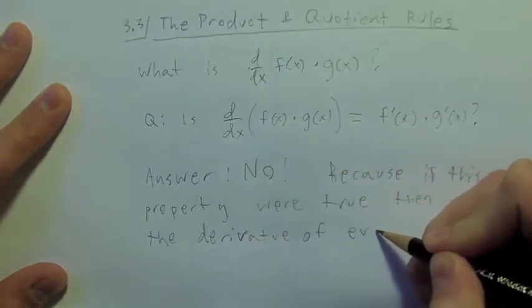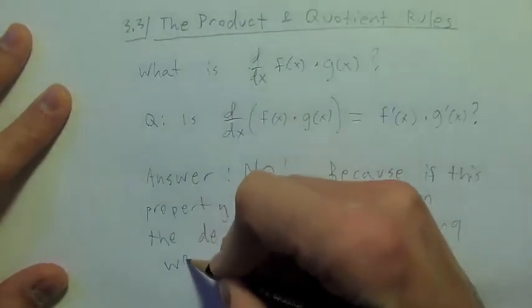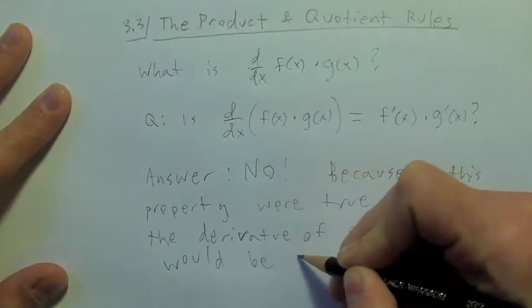Okay, so let me write that down. So the derivative of everything would be 0.